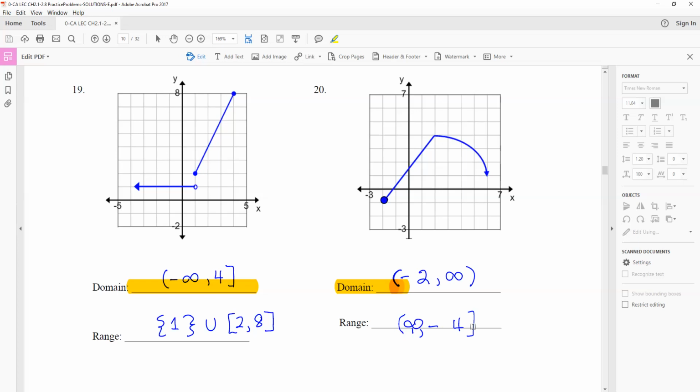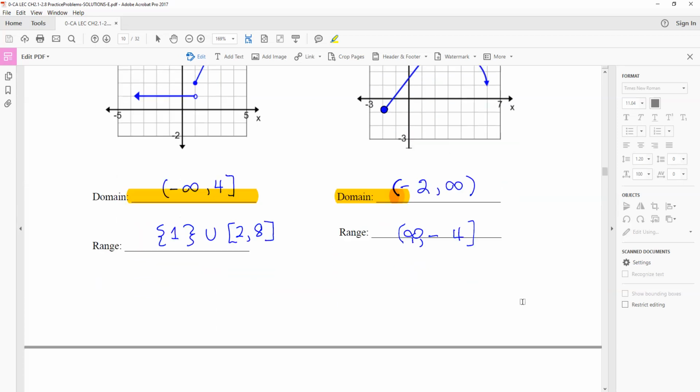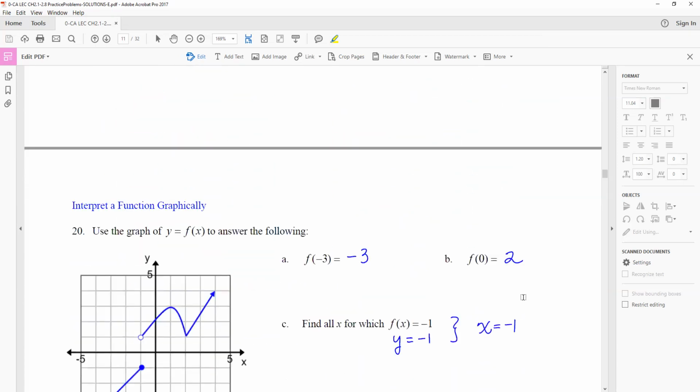Okay, I was able to change this one somewhat, but I was not able to fix that on a PDF.